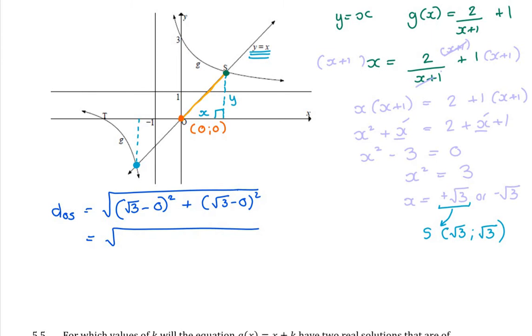So it's root 3 squared, which is 3. And root 3 minus 0 is root 3, and root 3 squared is 3. So I end up getting an answer of root 6. Now, if they didn't say I had to write my answer to 2 decimal places, it's actually nicer to leave it in simplest surd form. And root 6 cannot be written in any other way, and so root 6 is just root 6.